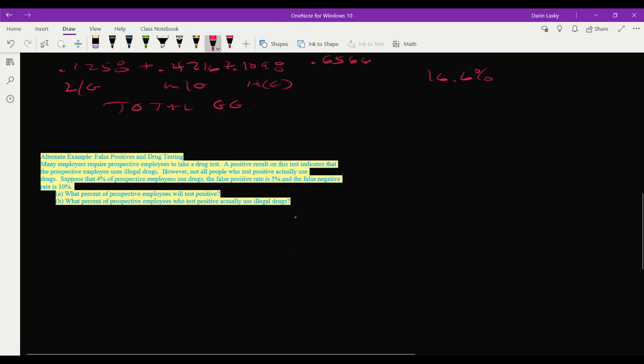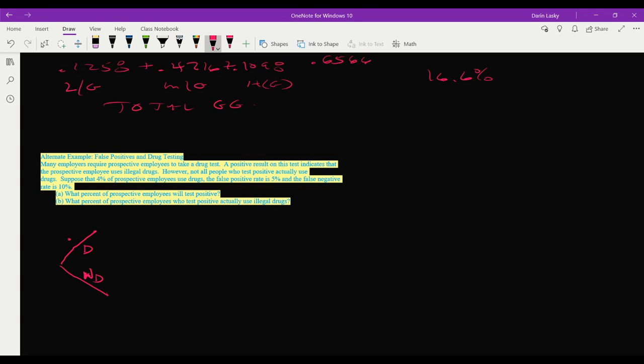So let's look at this one. Now we're dealing with drug tests. If we look at this, we have the idea that they have drugs and we have no drugs.